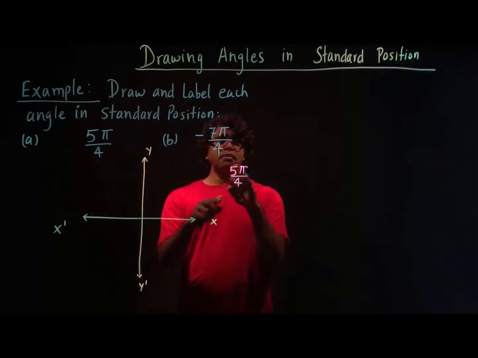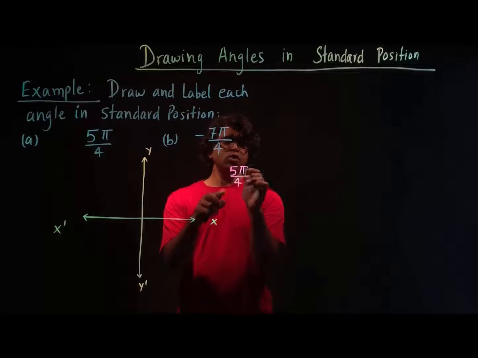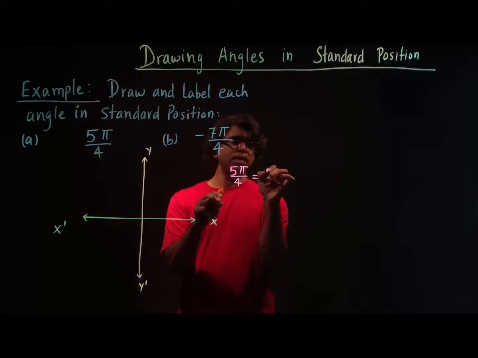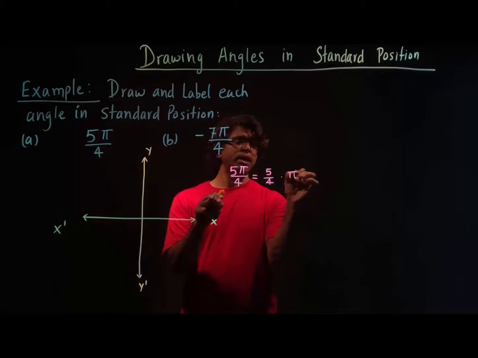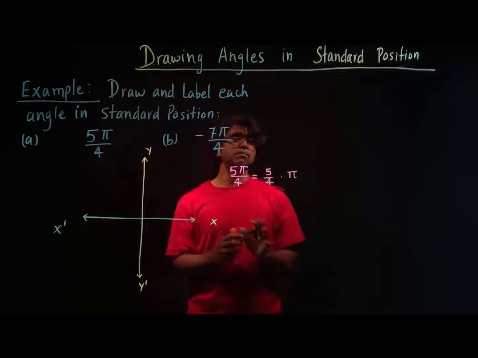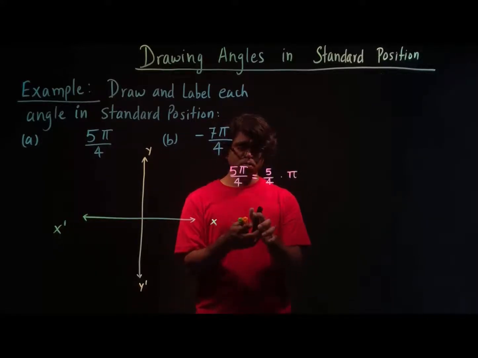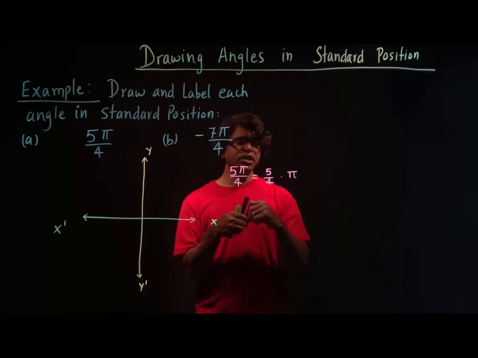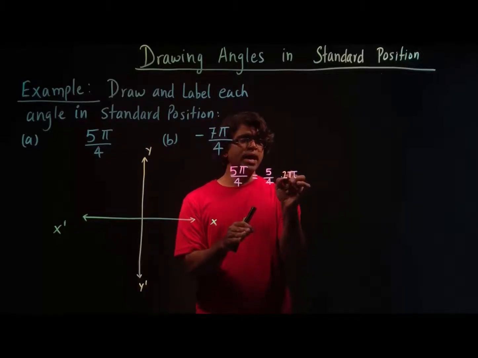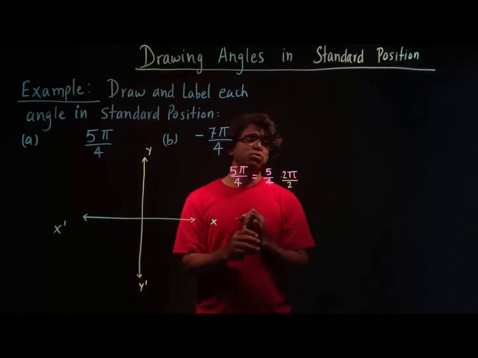I'm going to separate the pi from the 5 over 4, so I write 5 over 4 times pi. Now, we need 2 pi here. How do I make this pi into 2 pi? The easiest way is multiplying and dividing by 2.